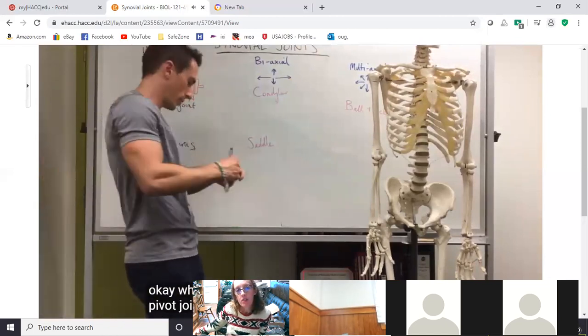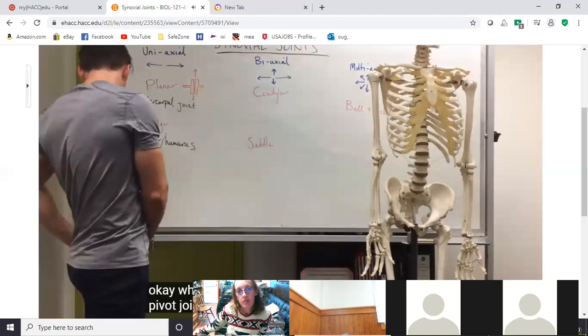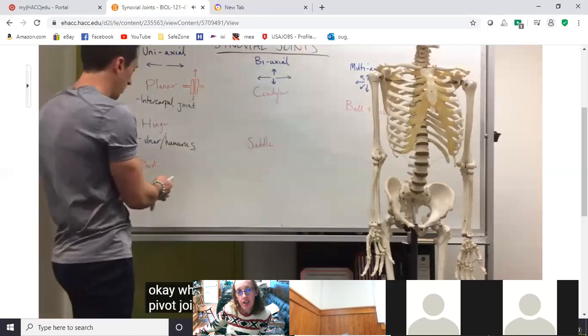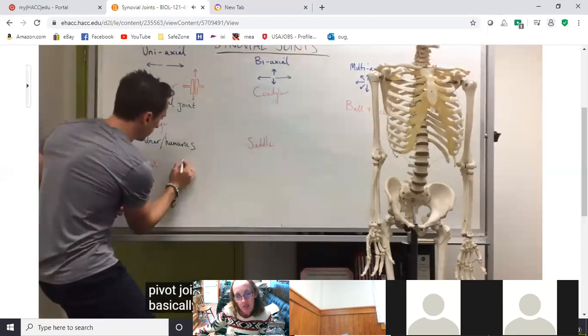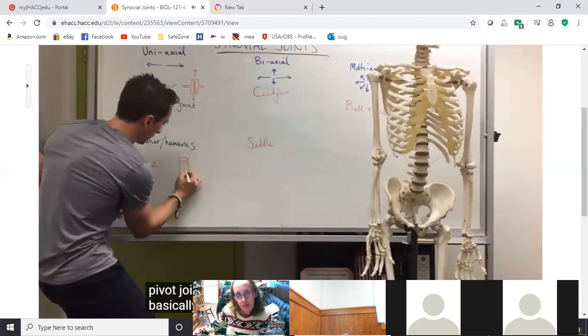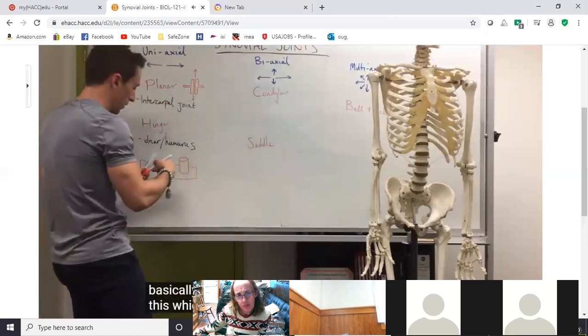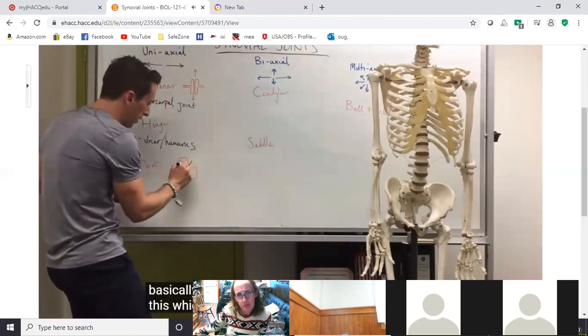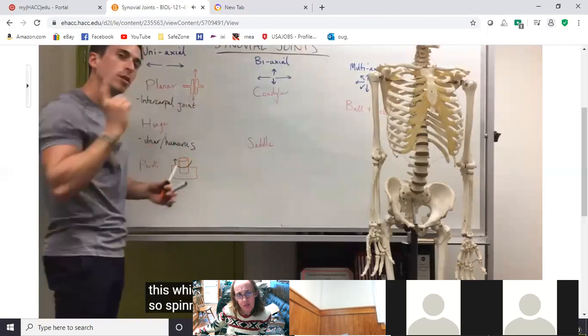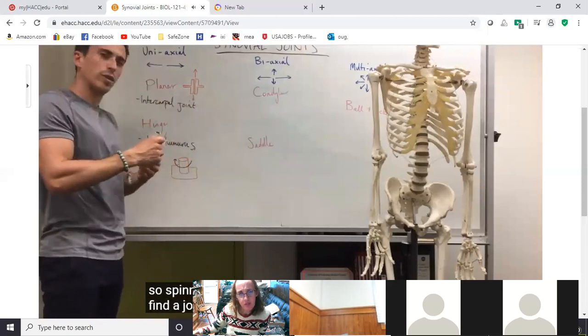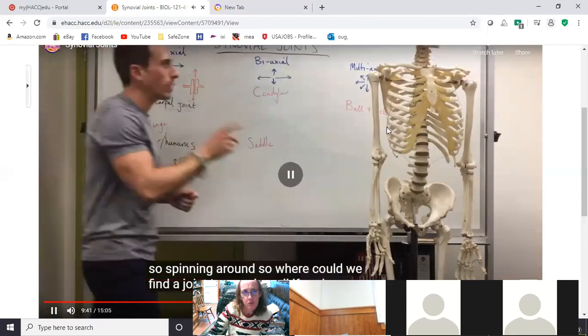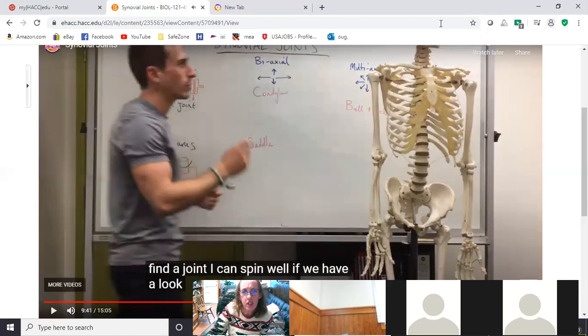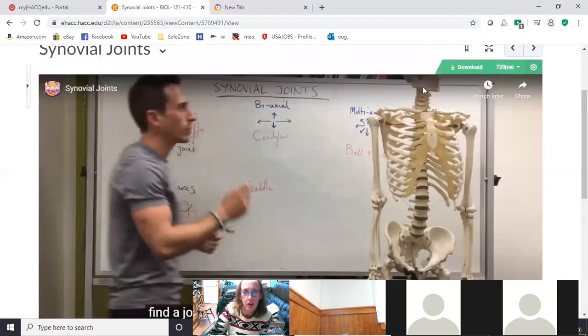Okay, what about pivot joint? Well, a pivot joint is basically when you have something like this, which can pivot around, it's spinning around. So where can we find a joint that can spin? Well, what if we talked about up here, in the upper part of the spine, that could spin.